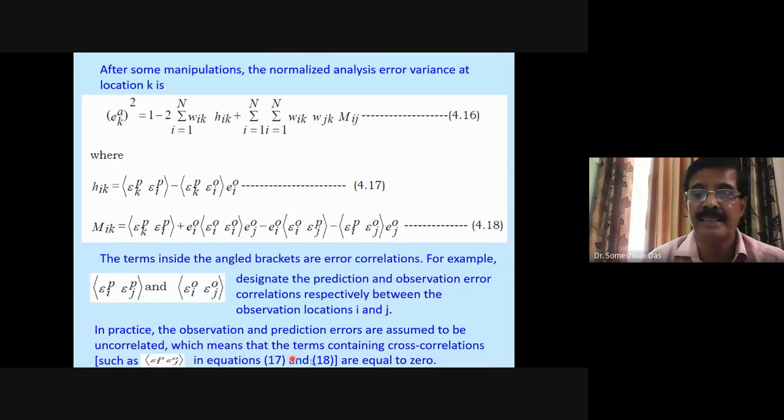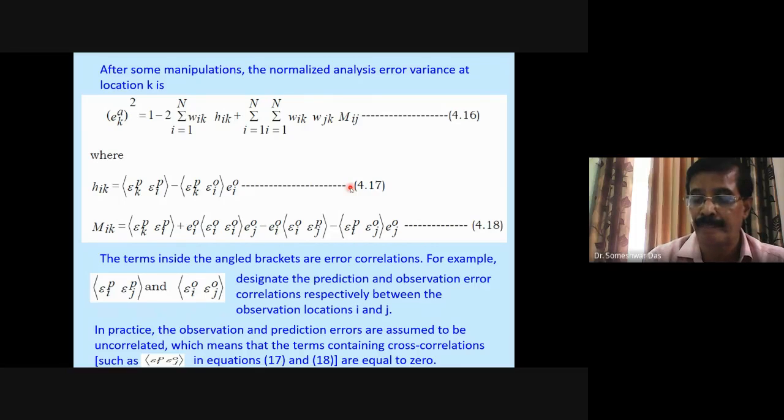Which means that the terms containing cross correlations, such as epsilon IP and epsilon JO, the cross correlation between prediction error and observation error between the two points I and J, in equations 17 and 18 are equal to 0, so they are not correlated. This is a very important assumption that the observation and prediction errors are not correlated. So all the cross correlations between I and J points are 0 in these equations.